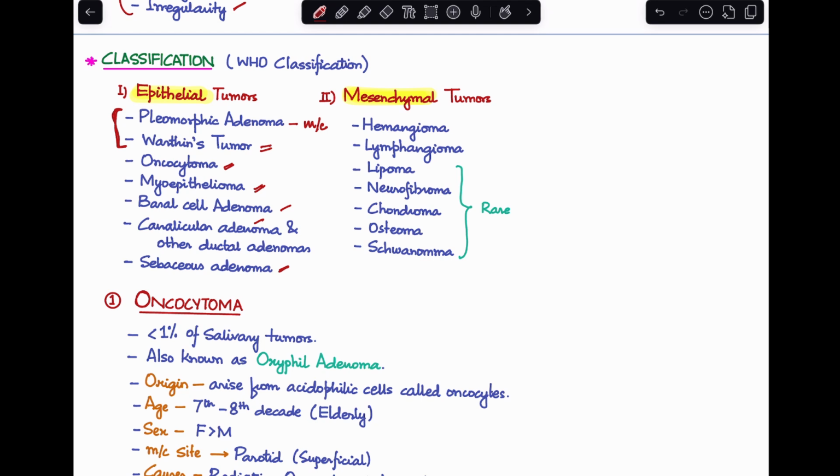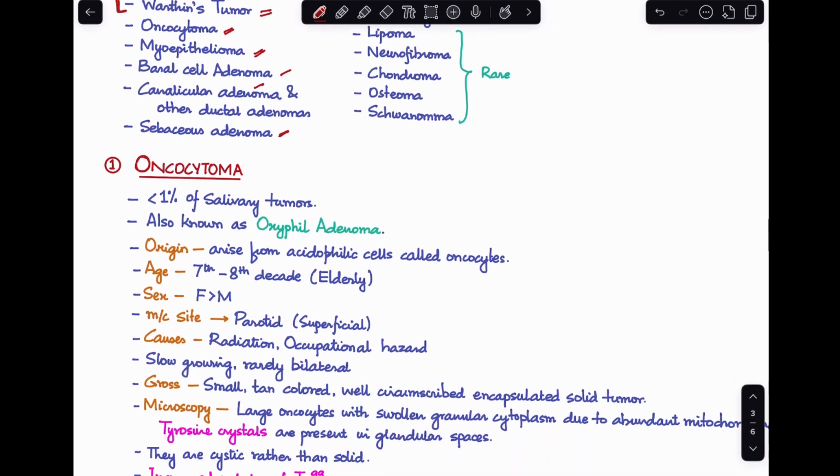Coming to mesenchymal tumors, which are less common and less known, the more common amongst them would be hemangioma and lymphangioma, and rarer types would be lipoma, neurofibroma, chondroma, osteoma, and schwannoma. So, this is the WHO classification of the benign salivary gland tumors. Now, let's talk about some features of each of these tumors. After that, we'll be discussing the investigation and treatment.